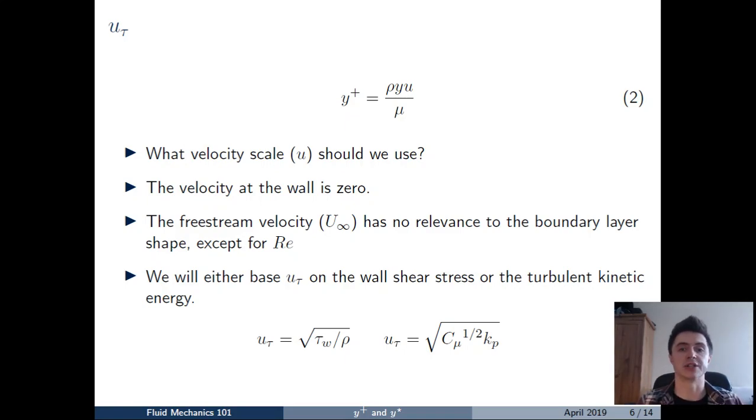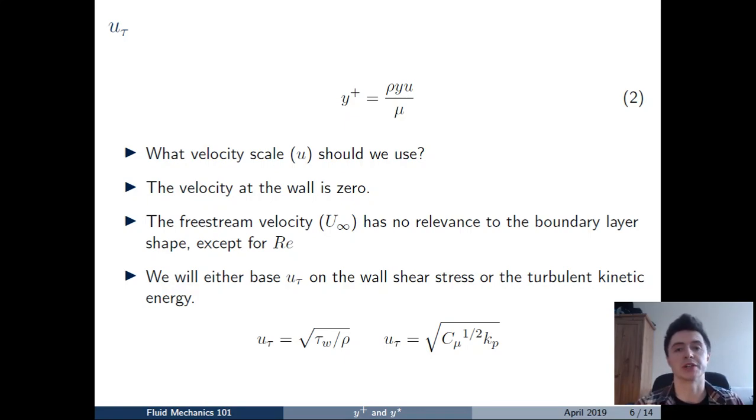Y is the distance normal to the wall, and at this point, what velocity should we take for our velocity scale? This isn't straightforward because the velocity at the wall is of course 0 by the no slip condition, and the free stream velocity, as we discussed earlier, has no relevance on the shape of that boundary layer that develops very close to the wall.